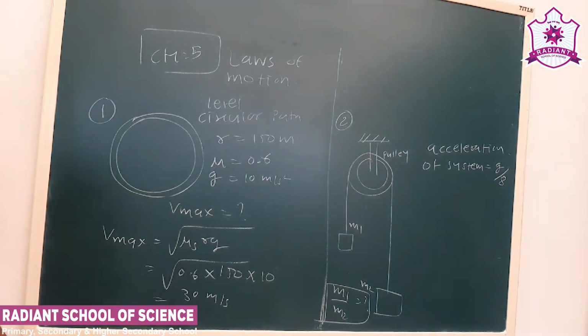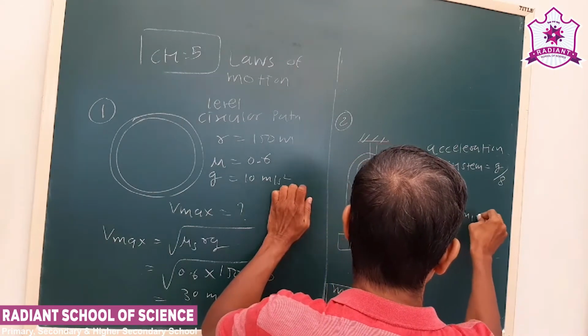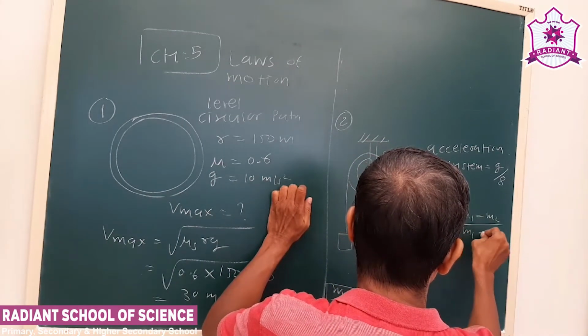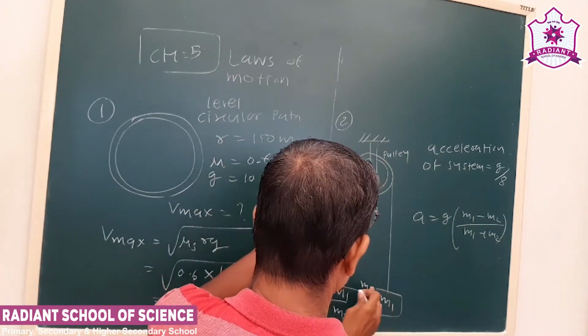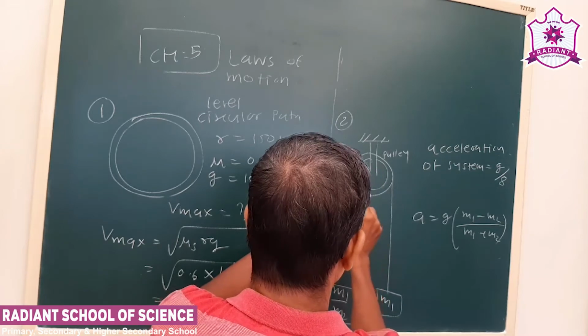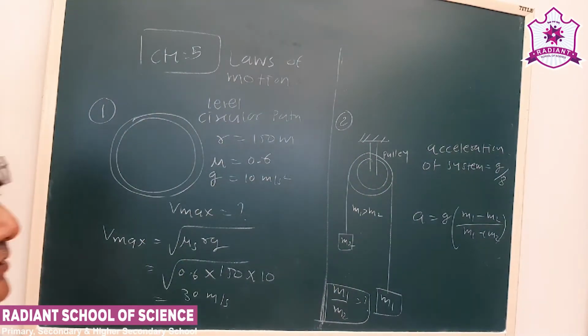In the theory part we derived the equation a is equal to g into (m1 minus m2) upon (m1 plus m2), where we assume that m1 is larger than m2. Here a is given as g by 8.